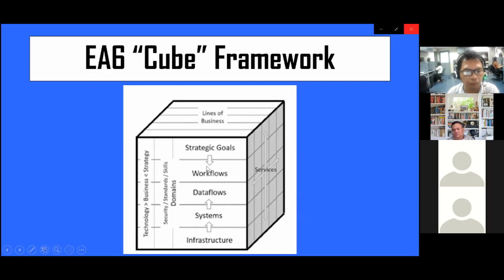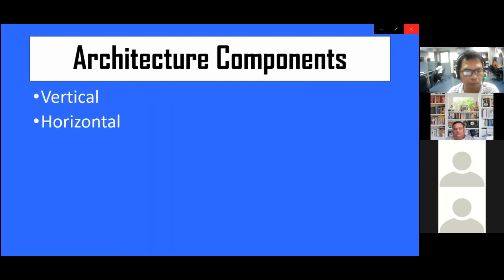There are a number of frameworks that could work in different companies. That's why there's such a thing as an enterprise architect, or this job could also be done by the chief operating officer. They could decide on what framework could work best with the company situation. So that's the framework.